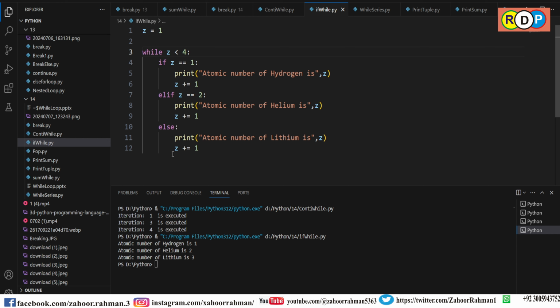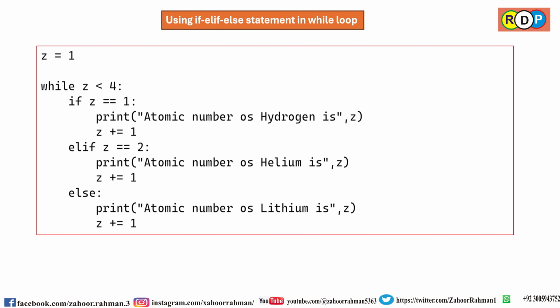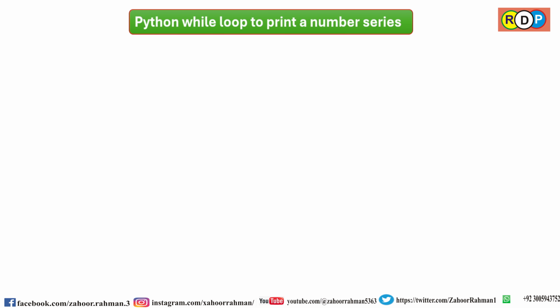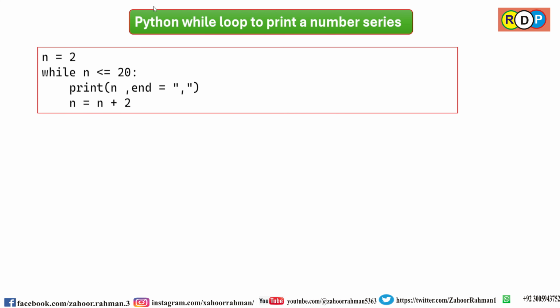That was another technique. Now let's go to another technique, Python while loop to print a number series. For example, if I want 10, 20, 30, 40, 50, 60, and so on, or 2, 4, 6, 8. In this way I can print a series. Here we will learn the end parameter of print.